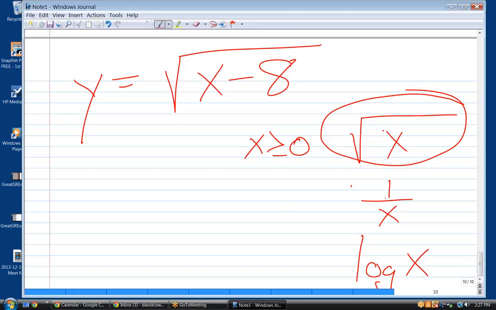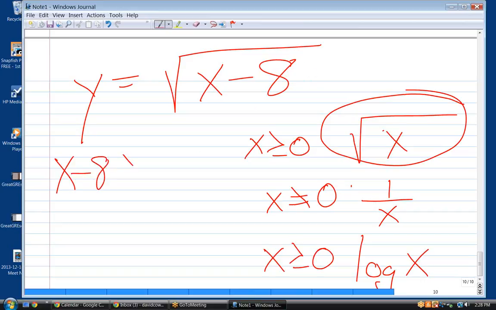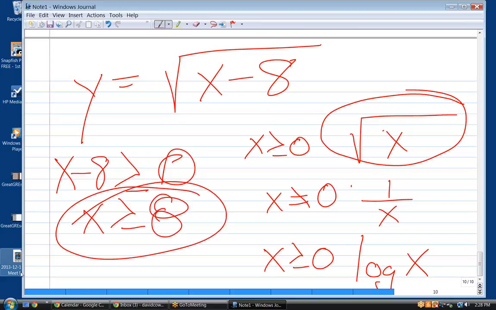When you find this one, x cannot be equal to 0. And when you find this one, x has to be greater than or equal to 0. So for our problem, all I need to do is set x minus 8 greater than or equal to 0 and solve for it. So x greater than or equal to 8 is your domain.